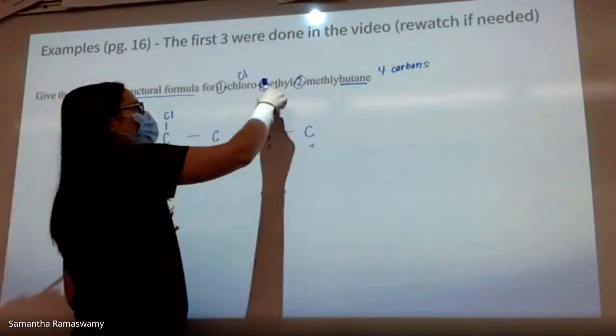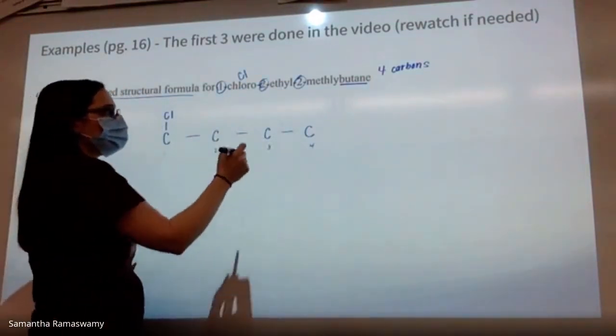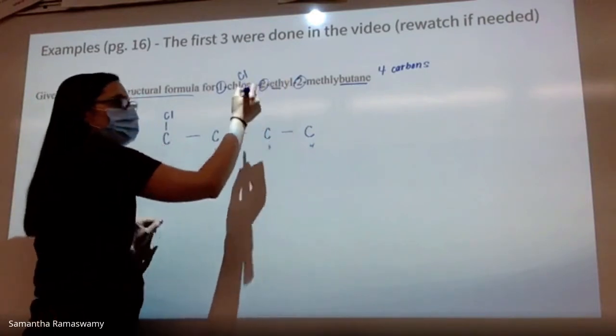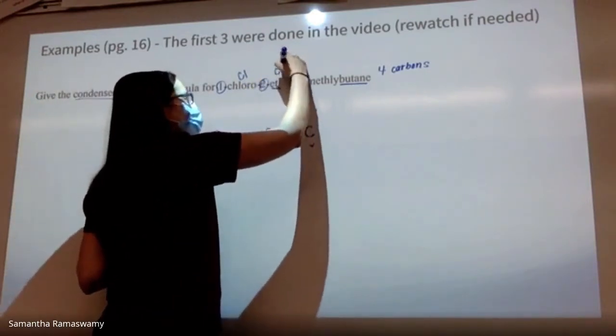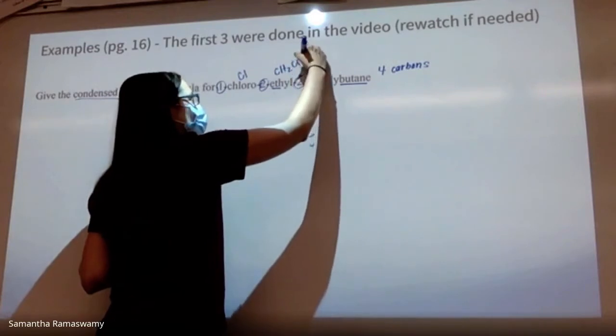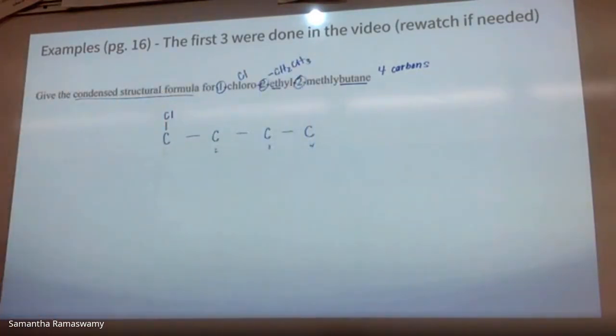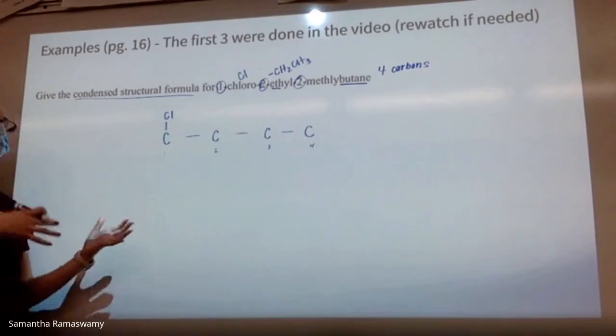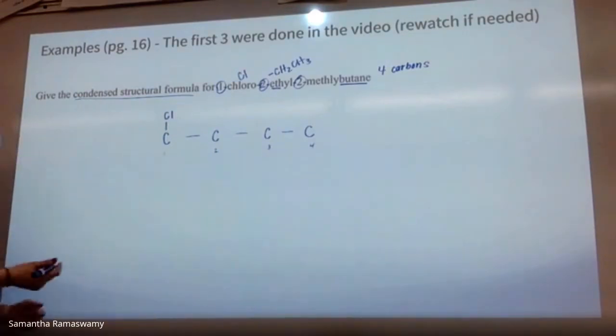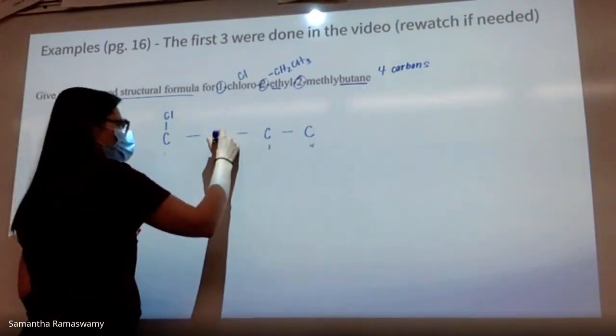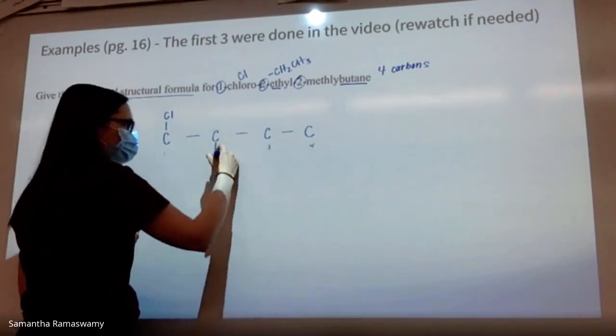On the second carbon is an ethyl group. Eth means 2 carbons. And so what that is, it's CH2, CH3. It's 2 carbons together, because ethane is 2 carbons single bonded. So an ethyl group, just the YL, means it's attached to the main chain. So I'll do it straight down this time.